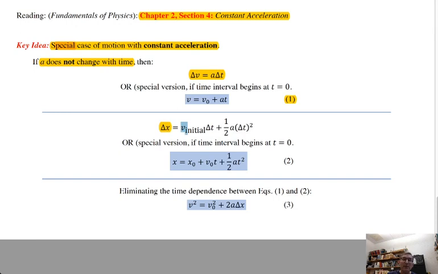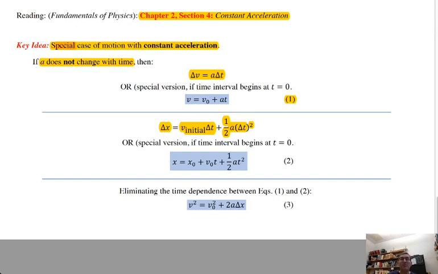You take the value that the particle's velocity was at the beginning of the time interval, v initial, times the amount of the time interval, delta t. But you have to add more onto it because the velocity is changing because there's an acceleration. You have to add to that 1/2 times the constant acceleration times the amount of the time interval squared. And I will tell you that with this equation, the most common mistake is to forget to square that factor of delta t.